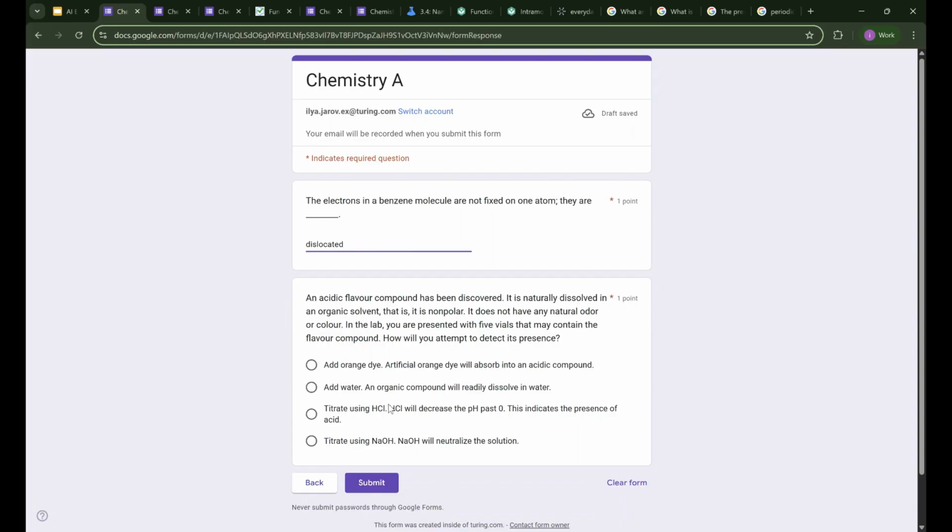This does not make sense. You cannot get a pH past 0. Yeah, I guess you would have to titrate it. You could detect.